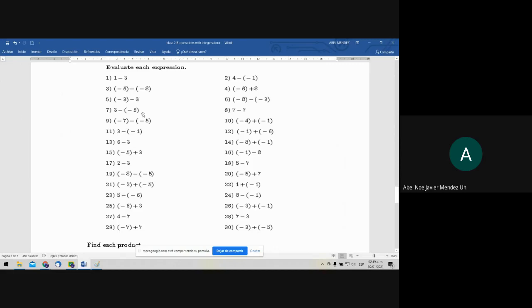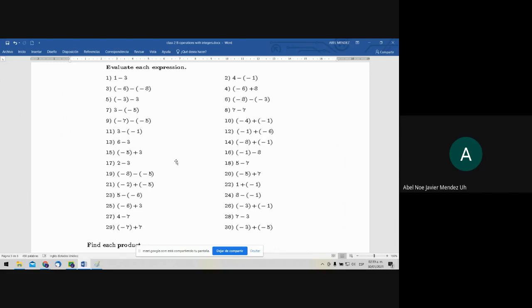You can do it in your notebook, or in a Word document or another digital tool. I'm going to give you 10 minutes so you can solve these operations.